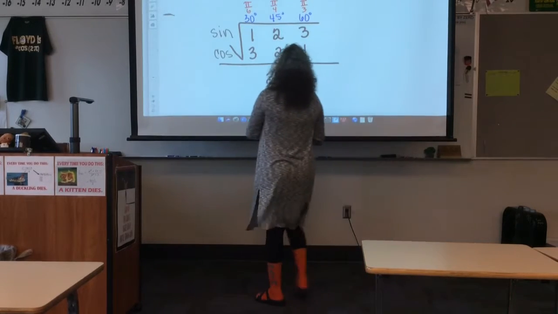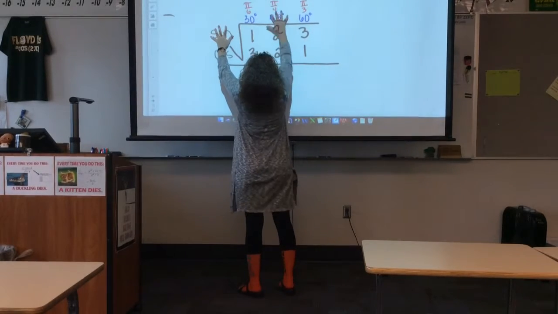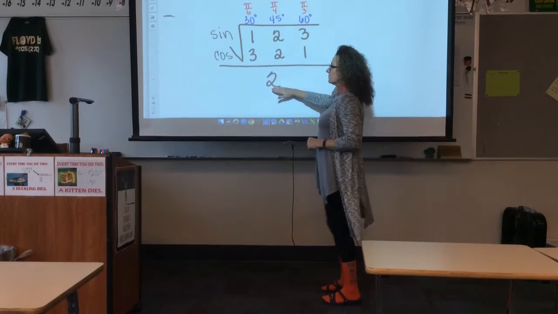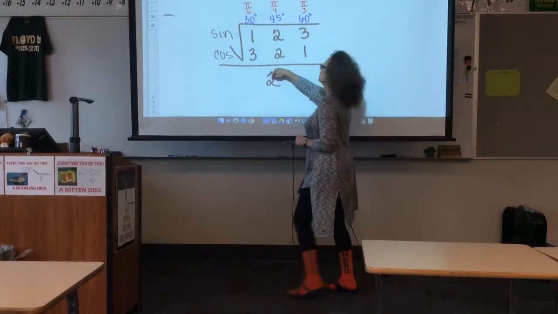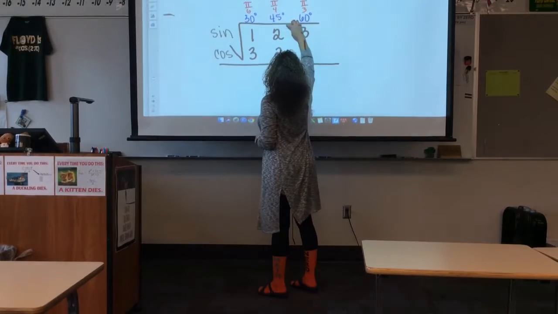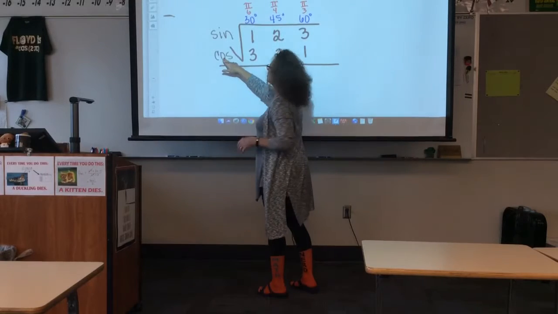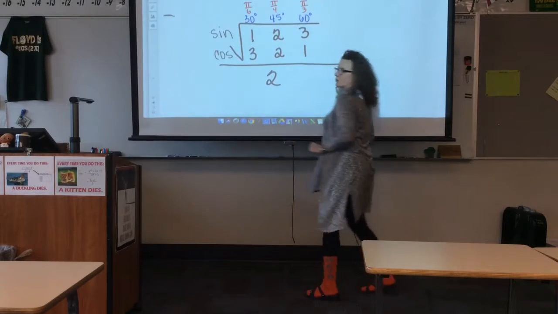So, I'll do sine and cosine first. Sine of 45. Sine of a 45-degree angle is radical 2 over 2. All these numbers are in the radical. This is not in the radical. So sine of 45 is radical 2 over 2. Cosine 60 is radical 1 over 2.